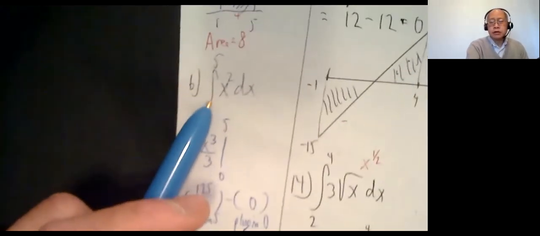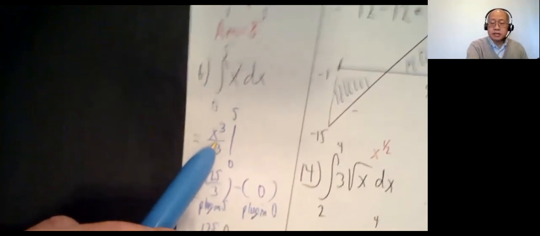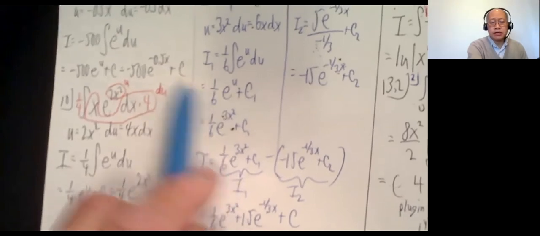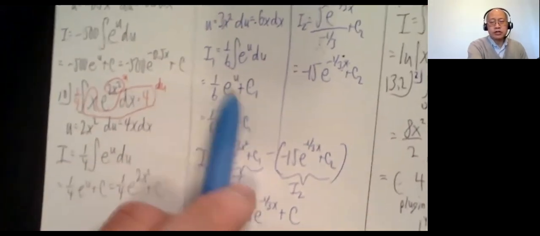Okay, so here we go. X cubed over 3. Don't need the plus c. Okay, you do need the plus c for these indefinite integrals. See, what's the difference? There's no numbers here. If there's no numbers to plug in, the final answer should have a plus c. If they give you numbers, you plug them in, and your final answer is a real number.